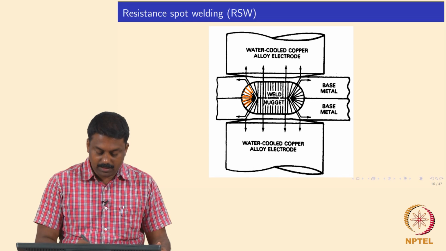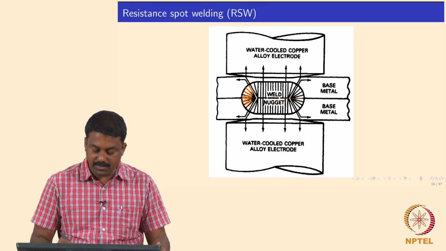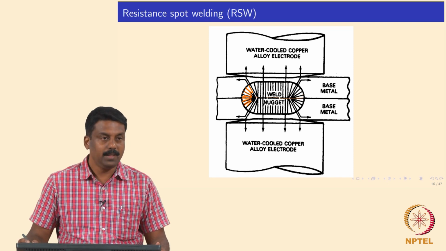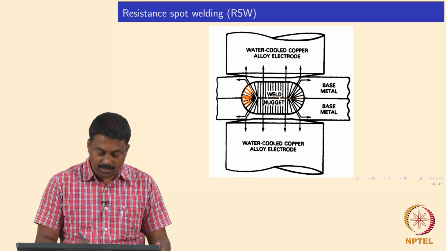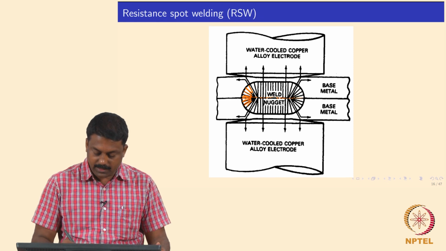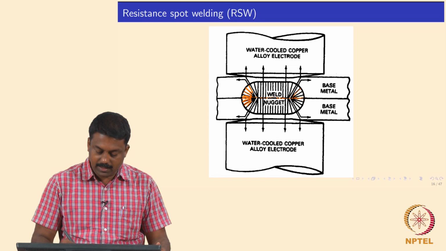So in this weld nugget, the weld center is the last solidifying region. All the alloying elements segregating to the unsolidified liquid would enrich the regions at the weld center line, and also at the solidification primary grain boundaries.